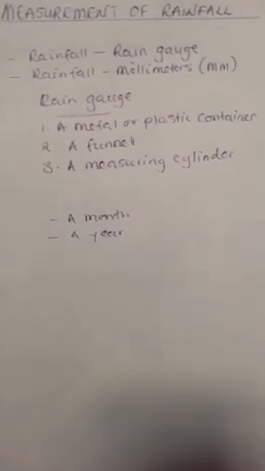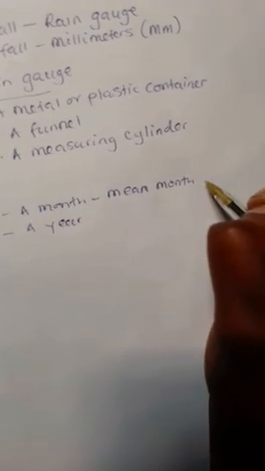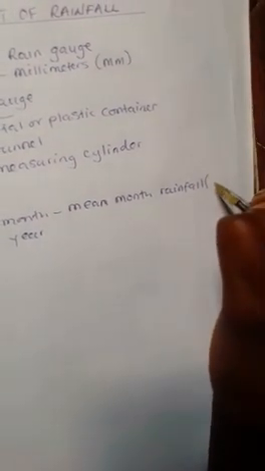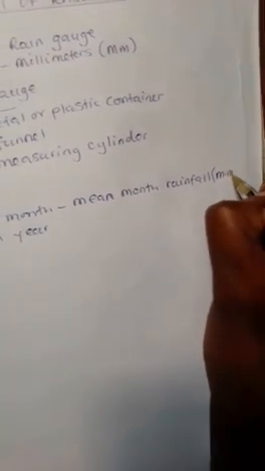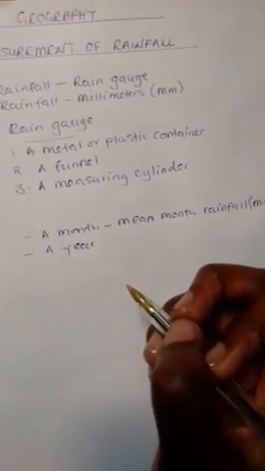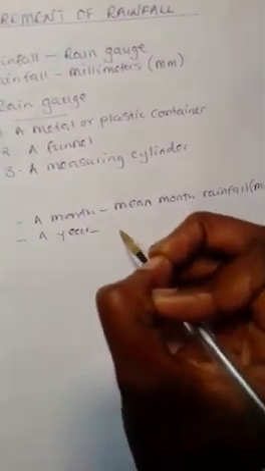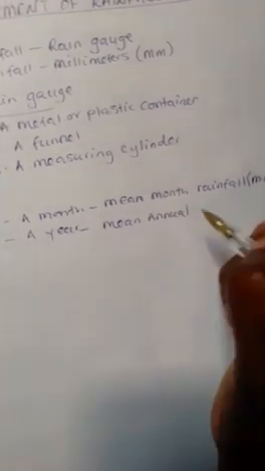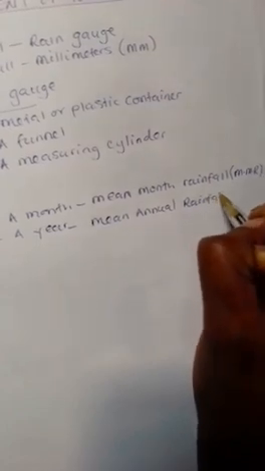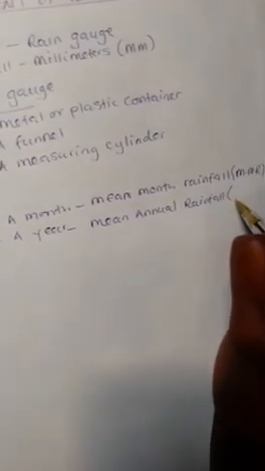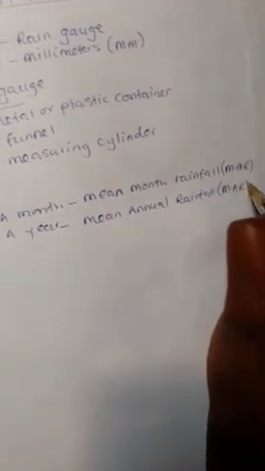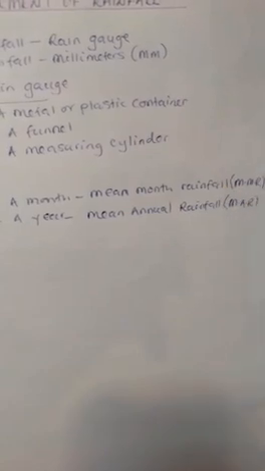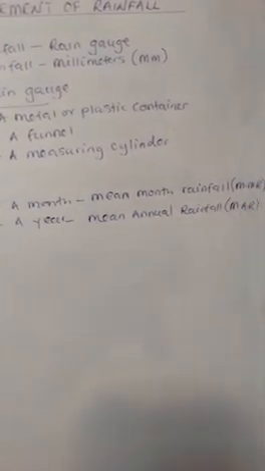The daily totals of rainfall recorded for a month are recorded as mean monthly rainfall, and for a year as mean annual rainfall.